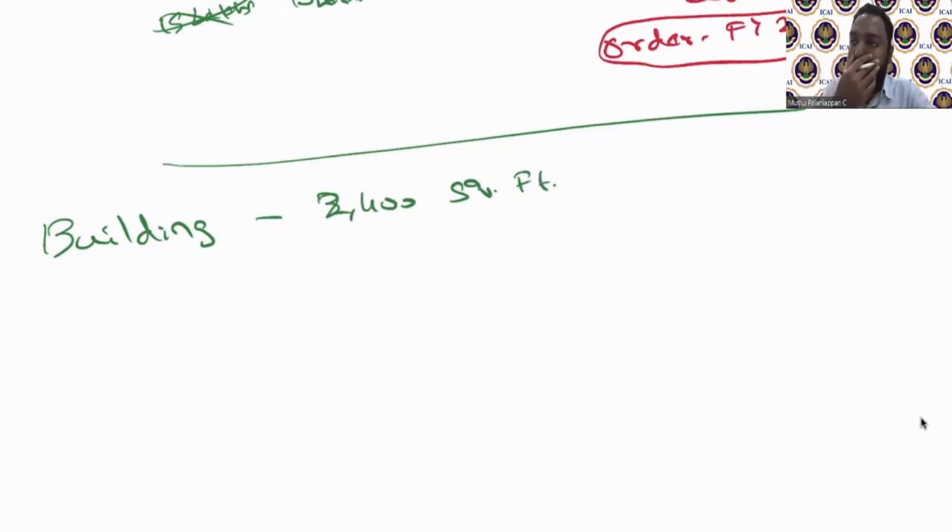Now, this building, I have decided I'll demolish right now. I will demolish the building, so that's the first step. I'll leave that. Then I enter into an agreement with a builder.